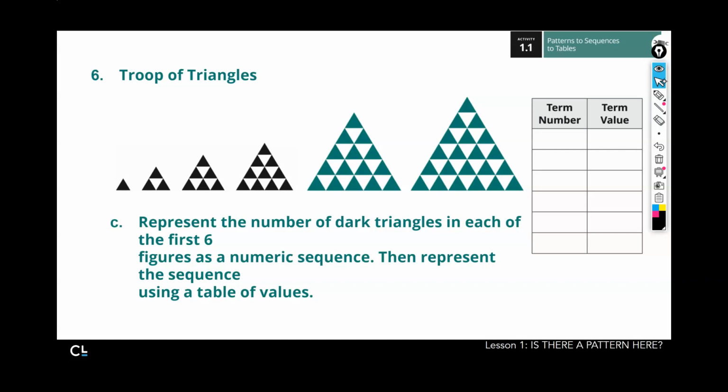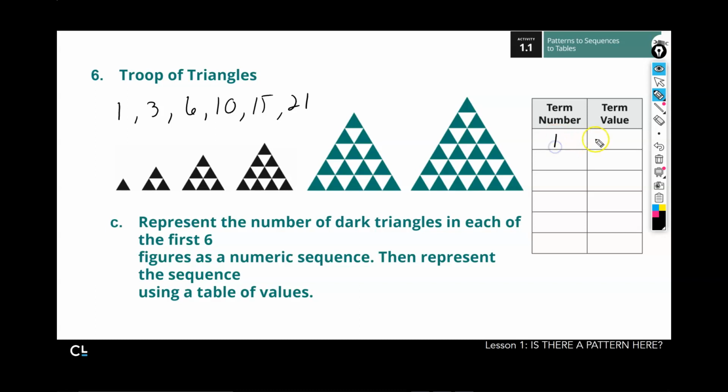Represent the number of dark triangles in each of the first 6 figures as a numeric sequence. Then represent the sequence using a table of values. So we had a sequence of 1, 3, 6, 10, 15, and 21. That's our sequence.